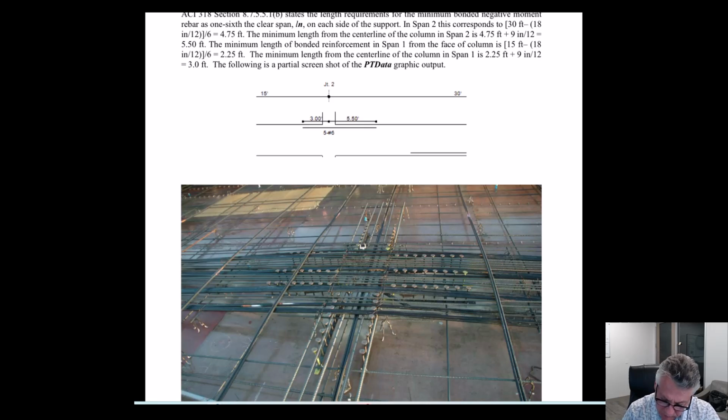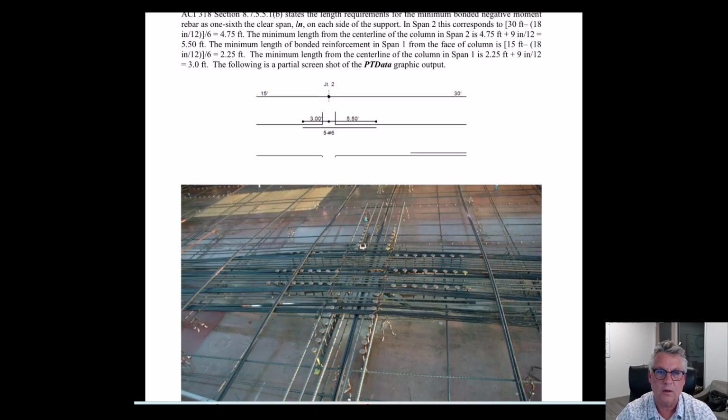So what you can see here is we group the 5 number 6s really tightly, and those literally do just become the support for the banded tendons going by. And then we space out a little farther the number 4 bars. But be very careful.